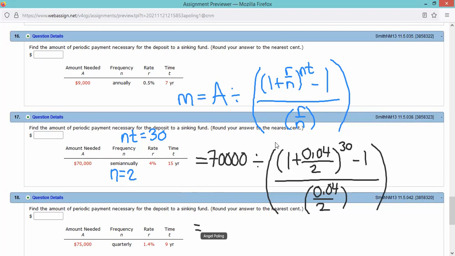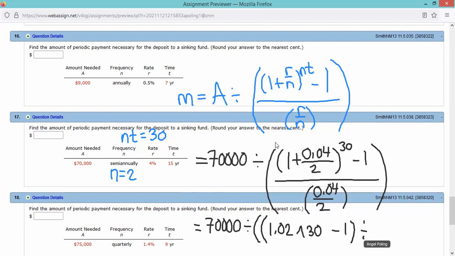I'm going to put into the calculator 70,000 divided by, let me see how many parentheses I need. 1 for the quotient, 1 for the numerator. The numerator is 1.02 caret 30, take away 1, in parentheses for the numerator, divided by the denominator, which I'm simplifying. And this is what I'm going to type in.